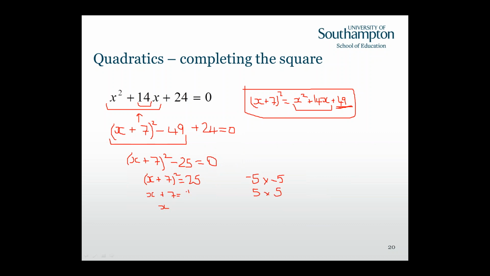So when you square root it, you've got two possible answers, plus or minus 5, which we write just like that. So then x is either +5 minus 7 equals -2, or -5 minus 7, which is -12.